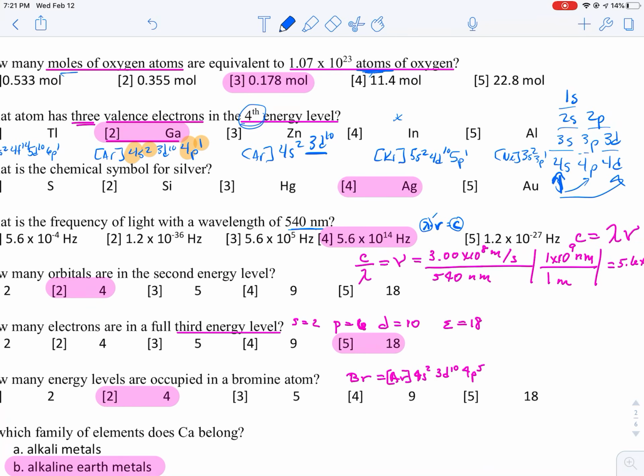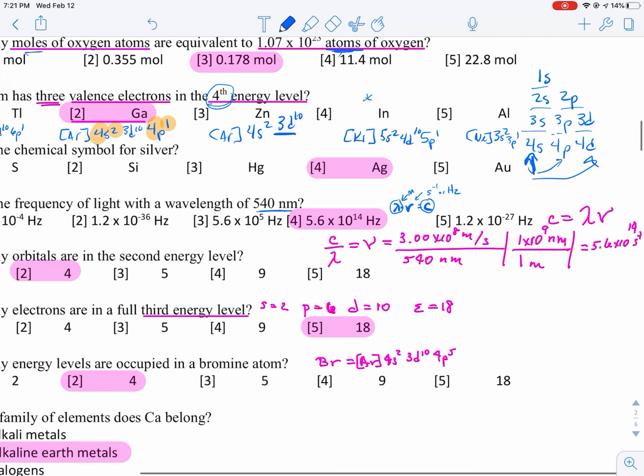Also double check your units. When you put the wavelength in, it needs to go into this equation in meters. And when you get the frequency, it's going to be seconds to the minus 1 or hertz. So you're going to look for an answer choice that's seconds to the minus 1 or hertz.